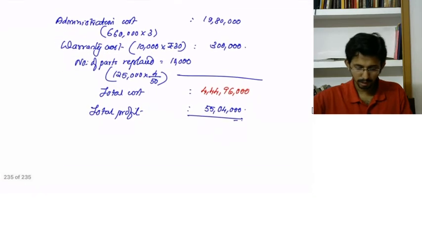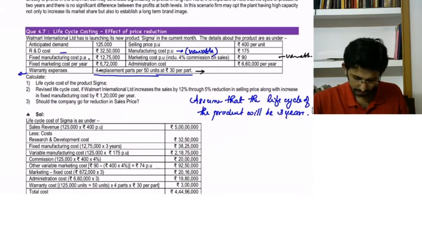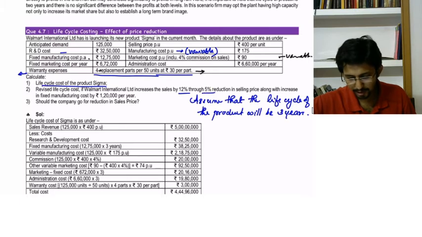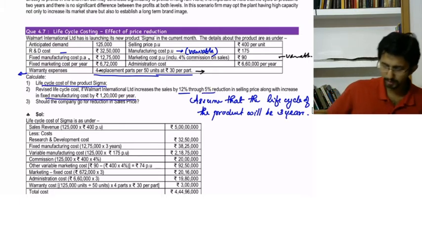Now, what is the proposal? This is the life cycle cost of the product Sigma. They say that, revised life cycle cost, if Walmart International increases the sales by 12% through 5% reduction in the selling price along with an increase in fixed manufacturing cost by 1,20,000 per year.